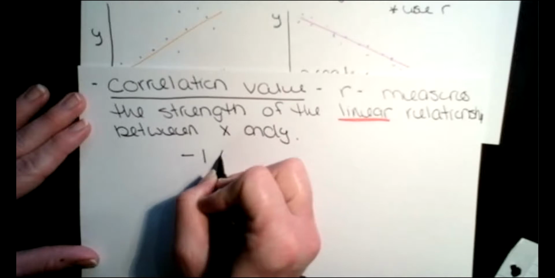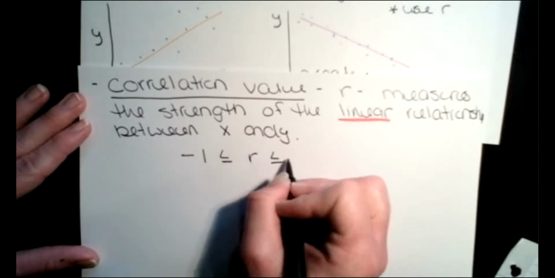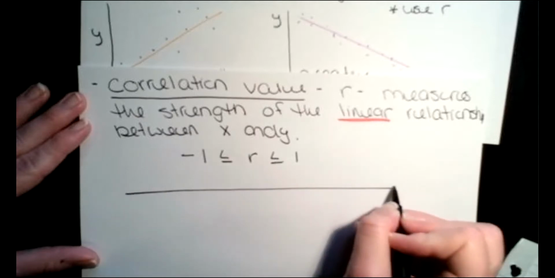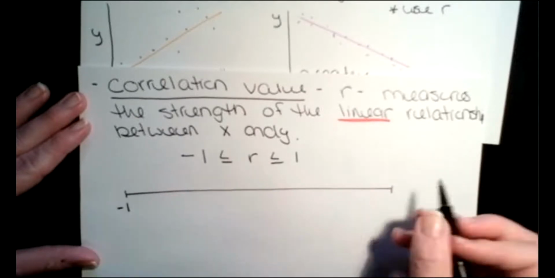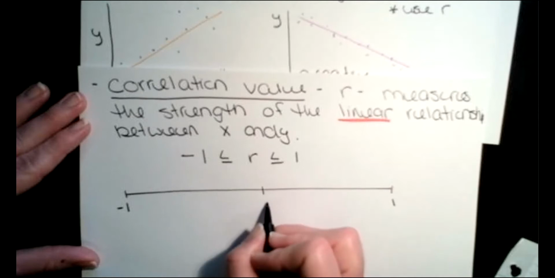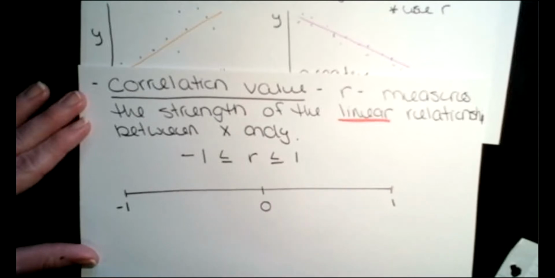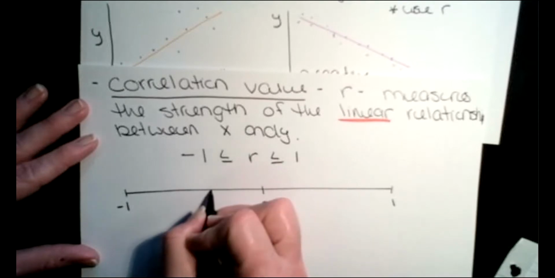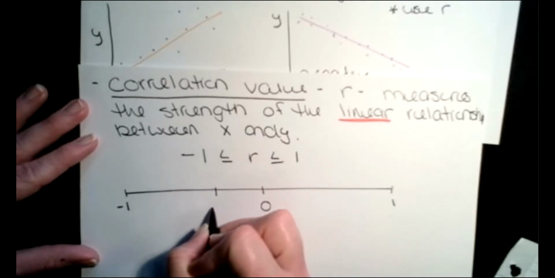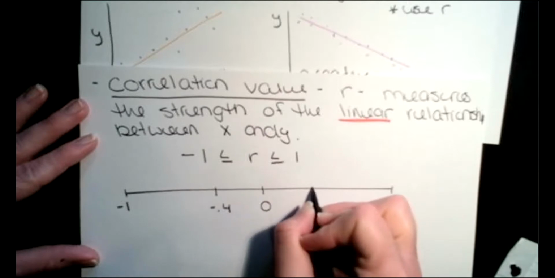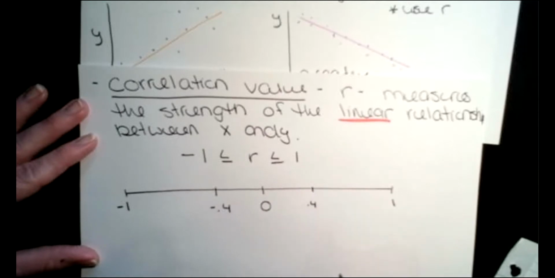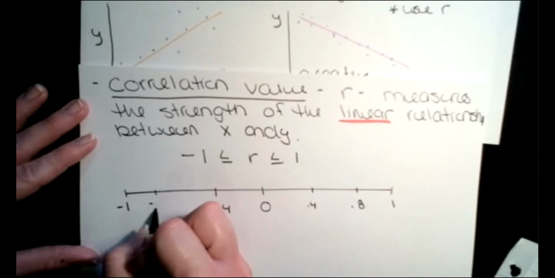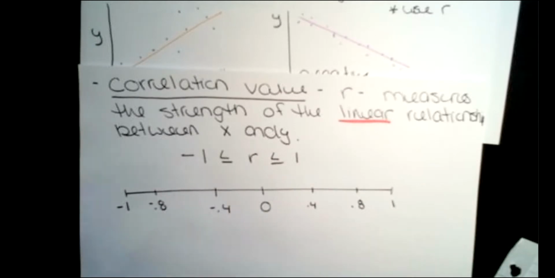So R is between -1 and +1. So if we have this scale, -1 up to +1, 0 is right in the middle, right? Let me just put some values in here: -0.4 and +0.4, +0.8 and -0.8, like this, okay?